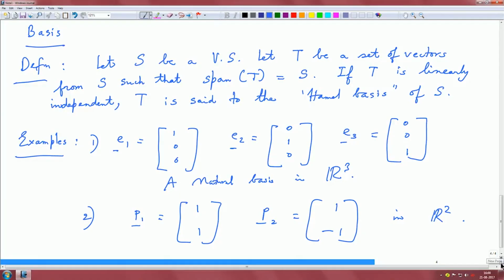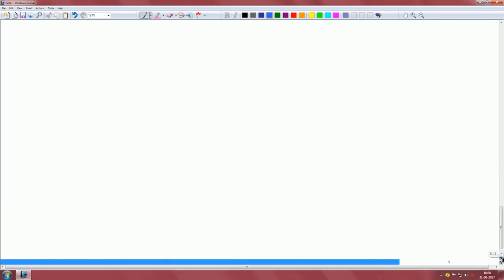So, with this notion of what a basis is, we are ready to prove a theorem which says that if T1 and T2 are the Hamel bases for a vector space S, then T1 and T2 have the same cardinality. So, we will prove this result, and this has important consequences.